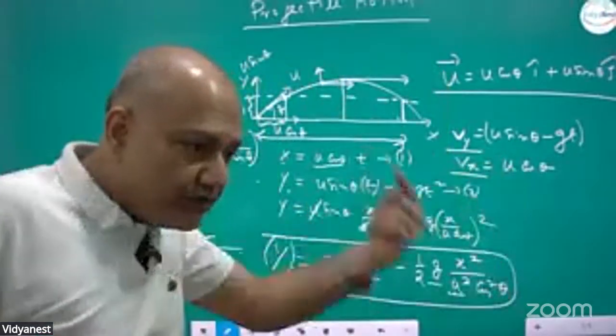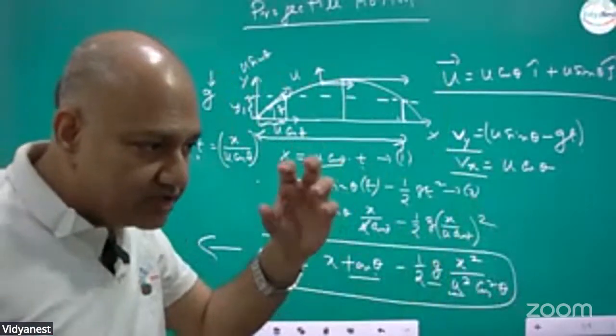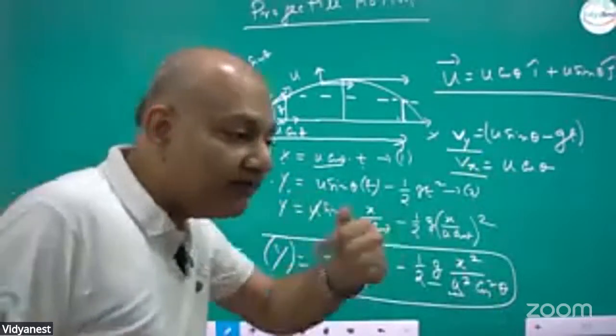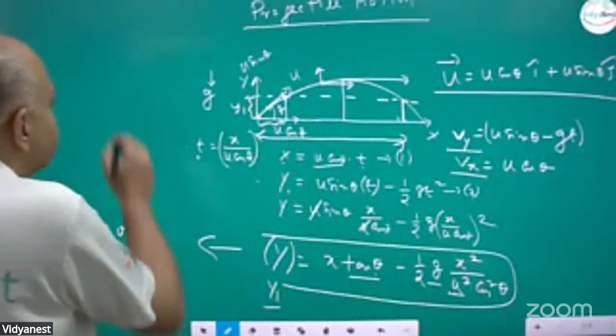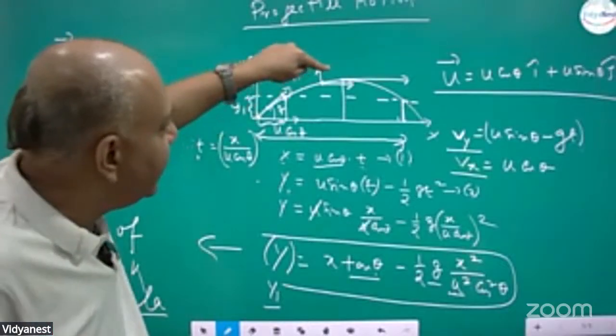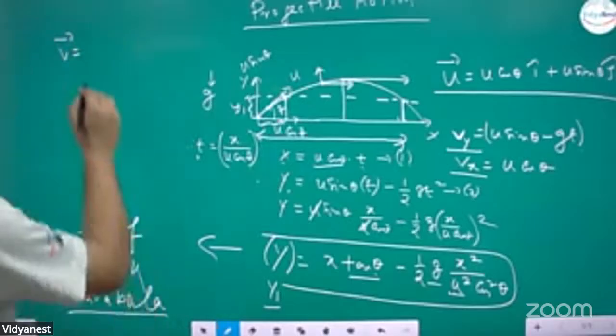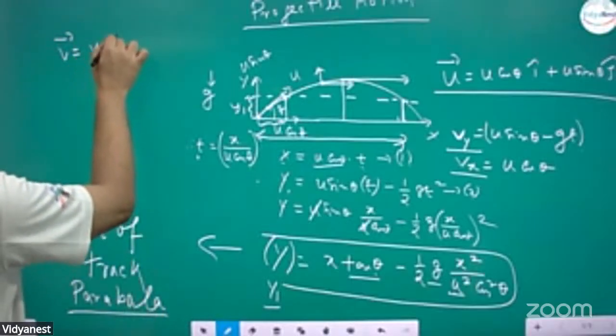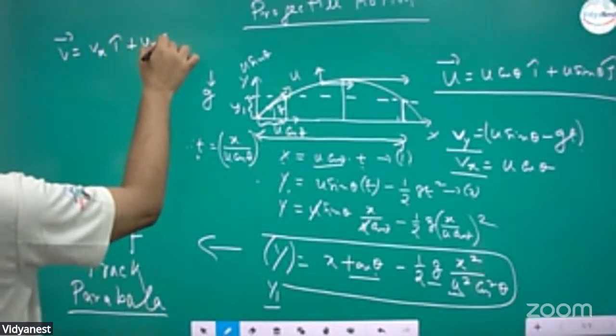So if you are asked to write the expression of the velocity after t time, how can you write it? We can write the velocity at time t, after the projectile is fired, equal to Vx i cap plus Vy j cap, isn't it?